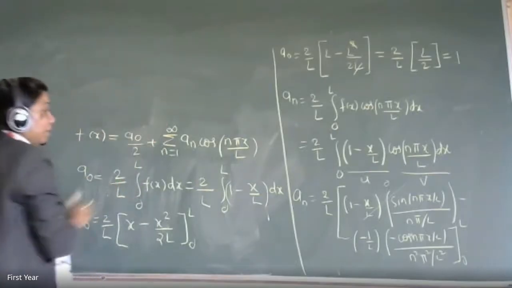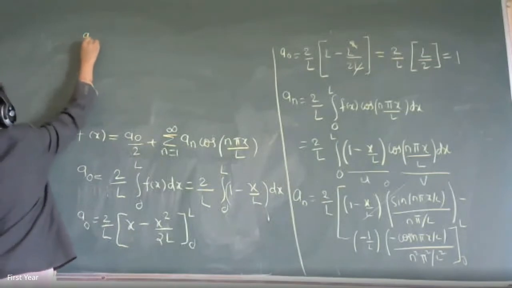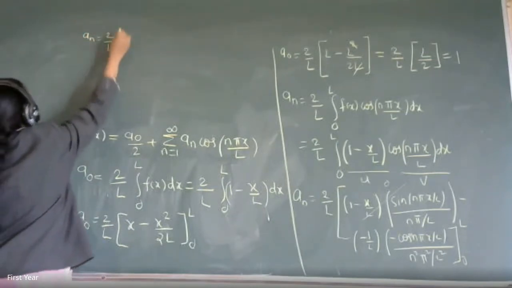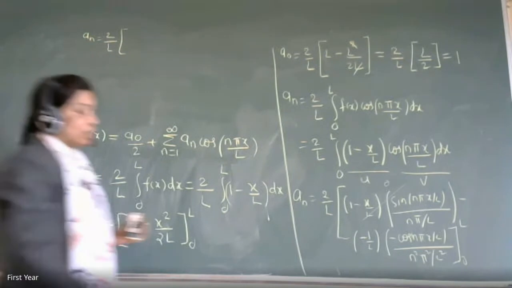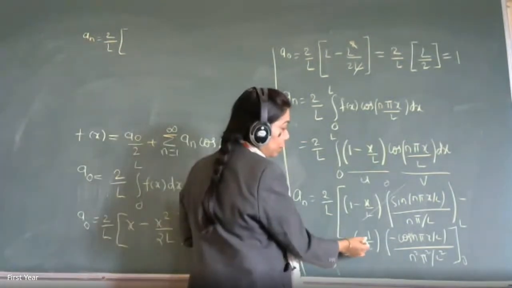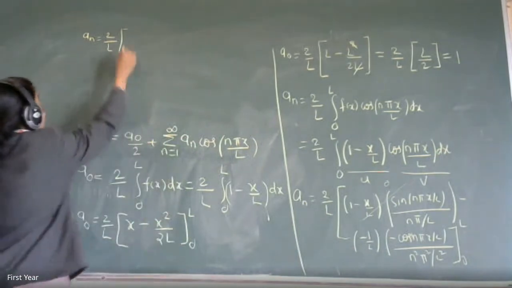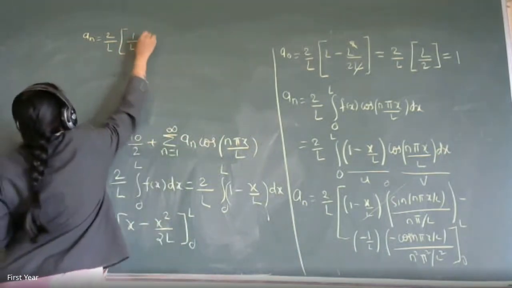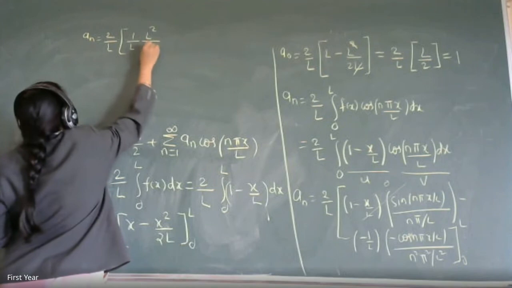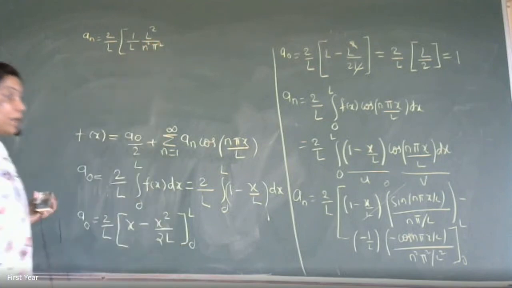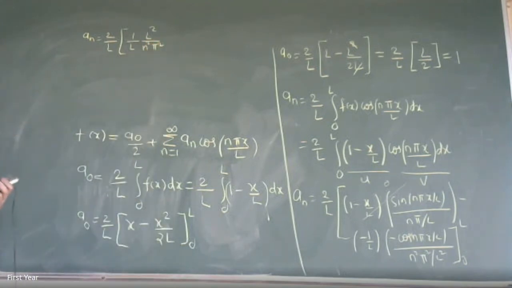So your value of a n will become now, I'm writing it directly, 2 by L. I'm substituting the values now. The second term remains. So it is minus, minus, 1 by L upon n squared pi squared. Upper limit is L. So when I put x is equal to L, L cancels.